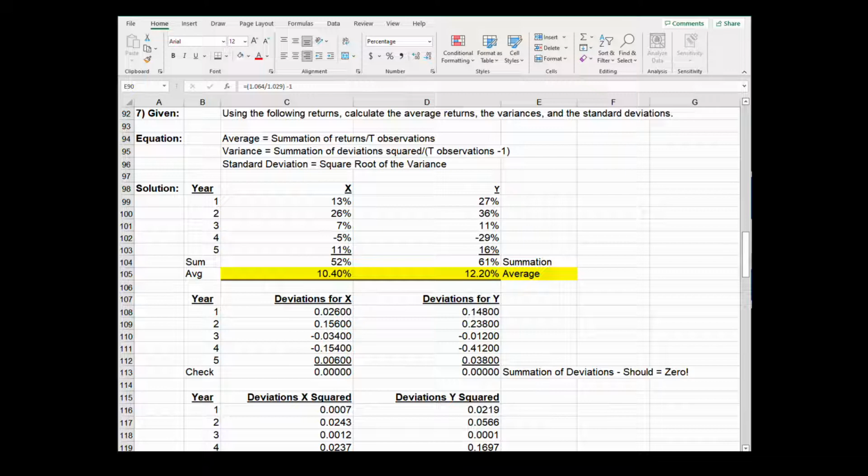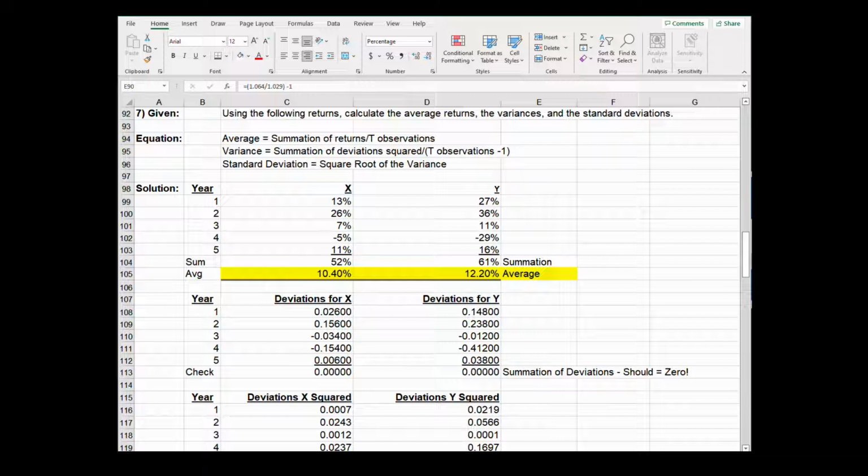Plus or minus 2 standard deviations, 95% of all future returns will fall within that band, and plus or minus 3 standard deviations, 99% of all future returns will fall within that band. So it's helpful to know how to calculate the mean, the variance, and the standard deviation, and that's what we're going to do in this problem.